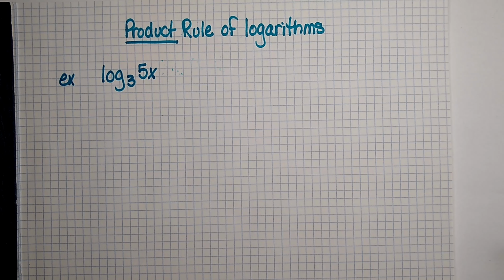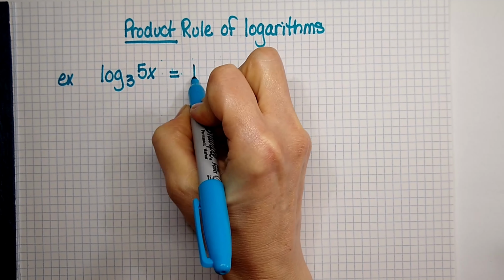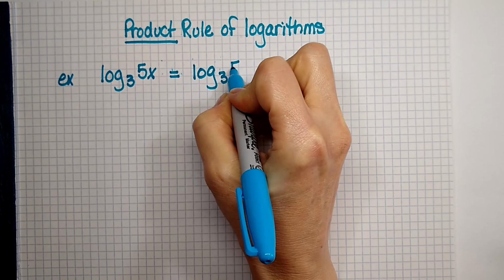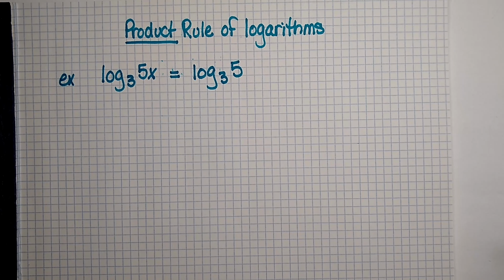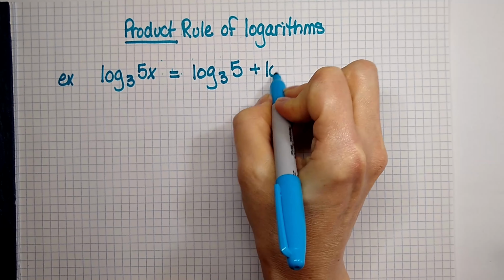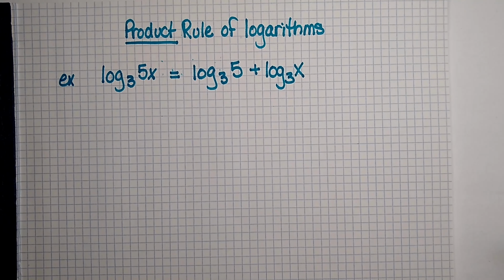In other words, I can separate that out into 2 logs. I'm going to write this rule out for you in a second, but I just want to show you with this one. I can write this as log base 3 of 5 plus log base 3 of x.